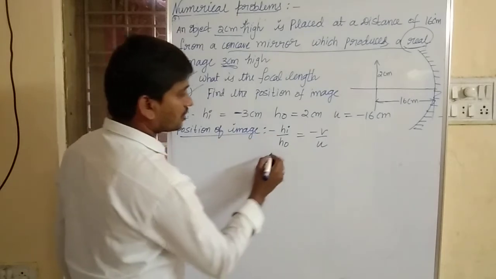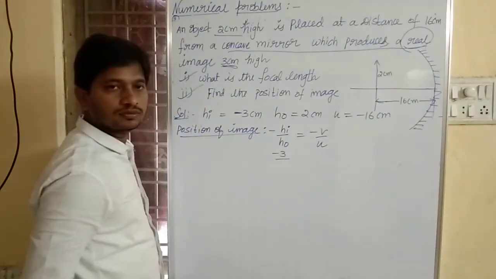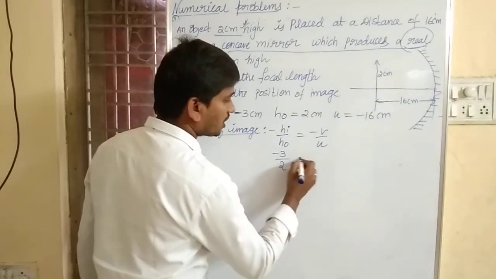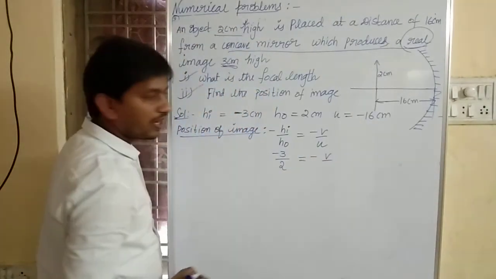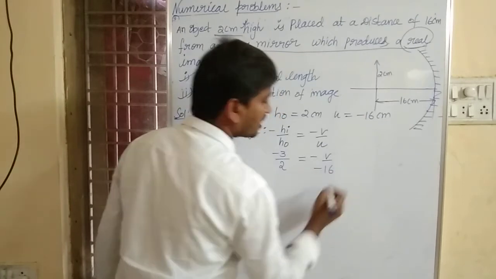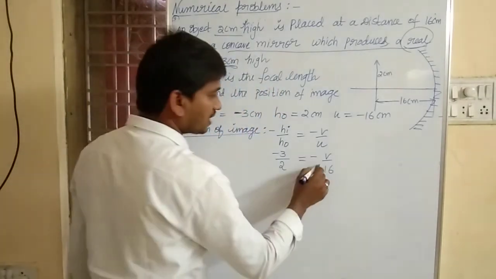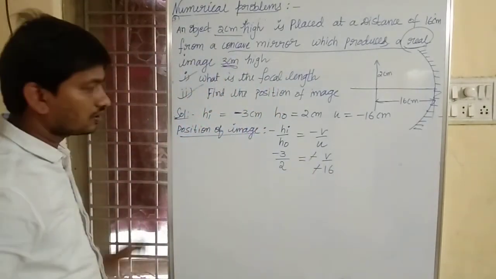Height of the image is minus 3 centimeter and height of the object is 2 centimeter, equal to minus V by the object distance, which is minus 16. So minus minus gets cancelled.